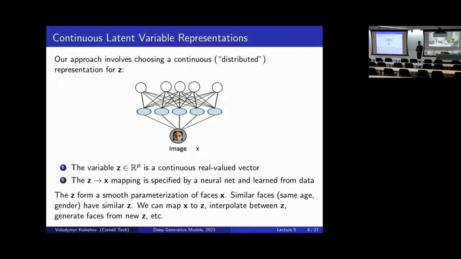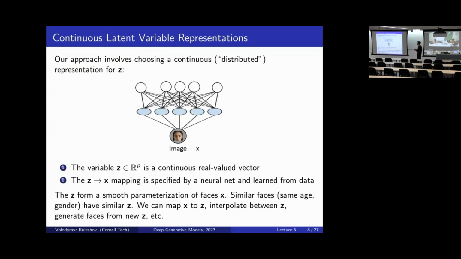Most often we will not be able to go and inspect each component of z and try to understand, is this component responsible for their age or their gender or their pose. Usually all of these factors will be mapped in some often nonlinear way into a vector z, but similar images will fall in similar regions of the space of z.